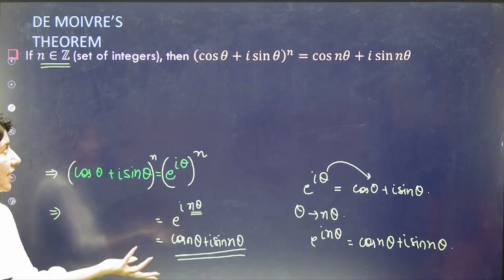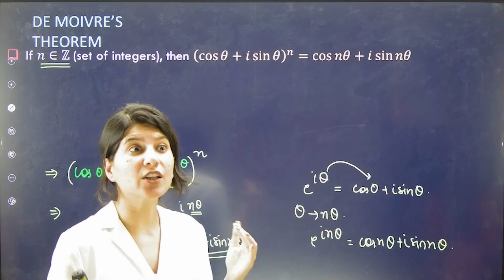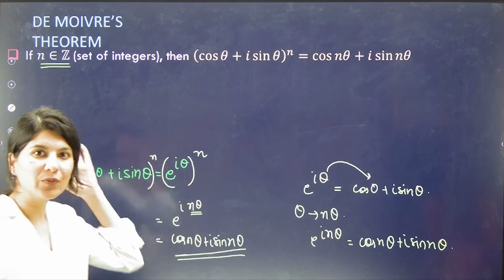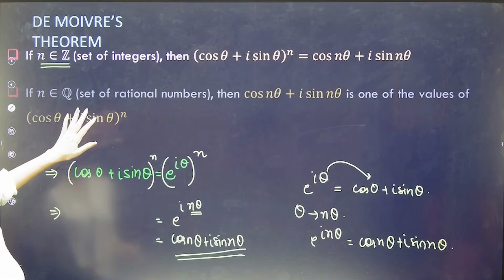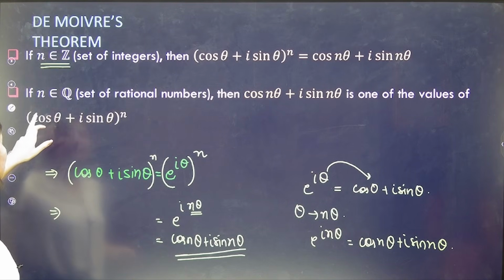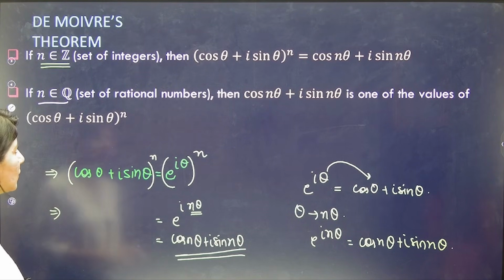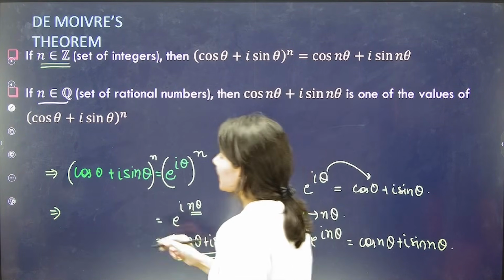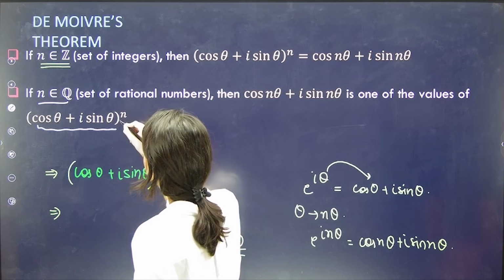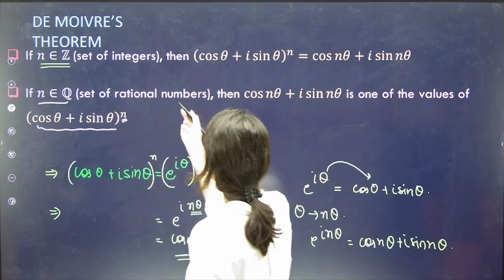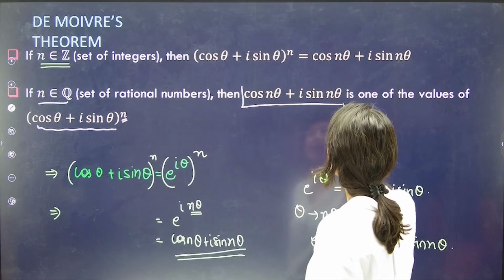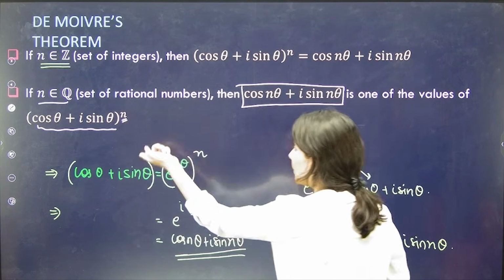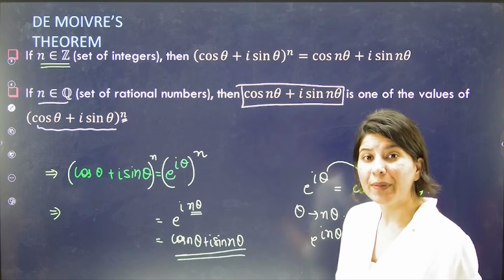So whenever you see cos theta plus iota sin theta whole cube, it is nothing but cos 3 theta plus iota sin 3 theta. Okay. So this is applicable only when n is an integer. But what about when n is a rational number? When n is a rational number, then cos theta plus iota sin theta raised to power n will be equal to cos n theta plus iota sin n theta, but that is only one value.